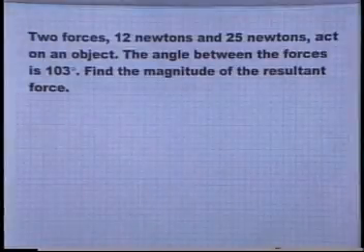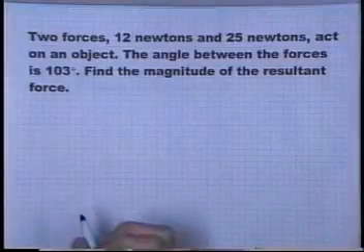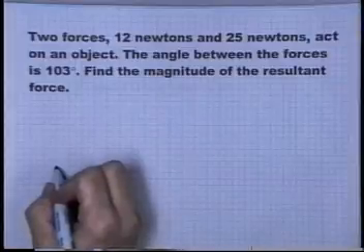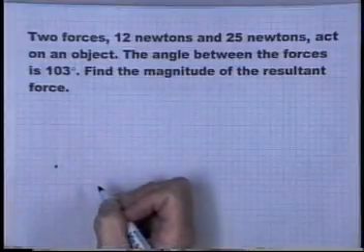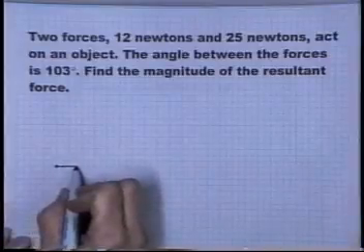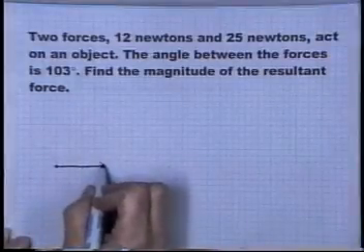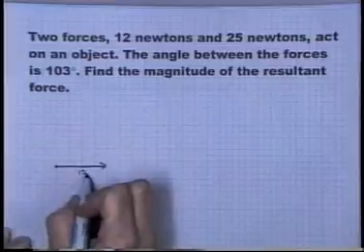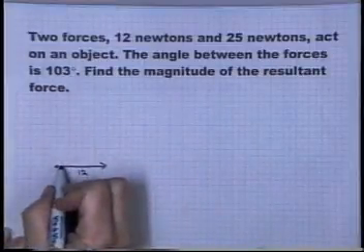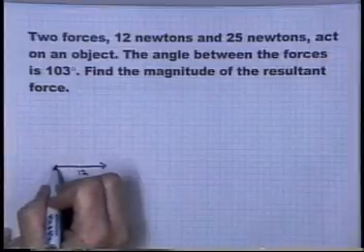Now here we simply are given two vectors with an angle between those. We're not given any specific direction, so we can just choose an initial point that we'll use as the common initial point. Let's just draw one vector sort of horizontally out this direction. We'll call this the 12 Newton vector. And then since we know our angle is 103 degrees, let's be sure that we go more than 90 degrees over.